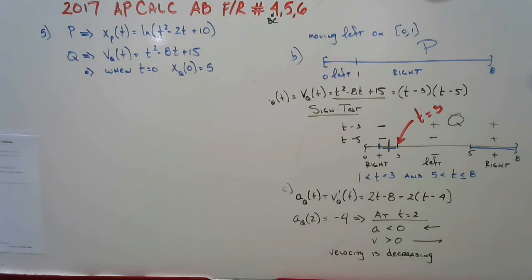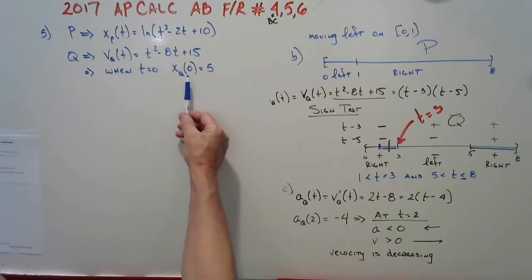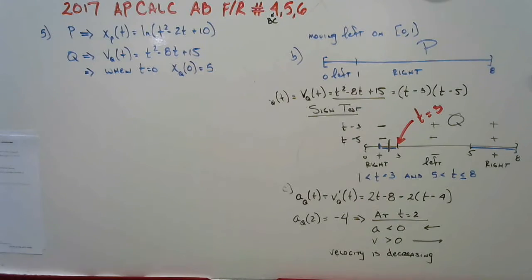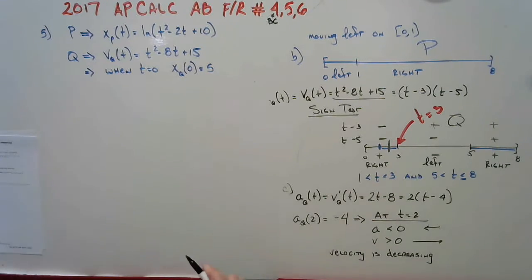Right? Well, if we look at what we were given for particle Q, we were given its position when t equaled 0. Right? We knew at time 0, our particle was at number 5. It was at place 5. So, first of all, for part D, oh, here, we're working with particle Q. Stay with black.